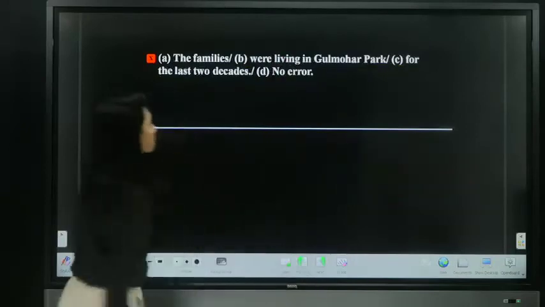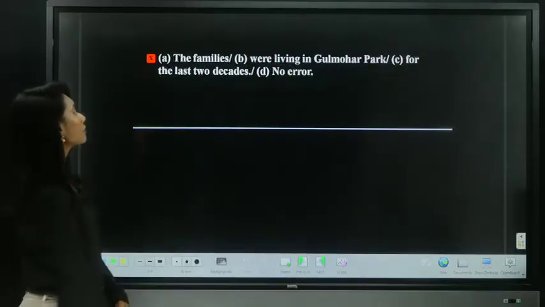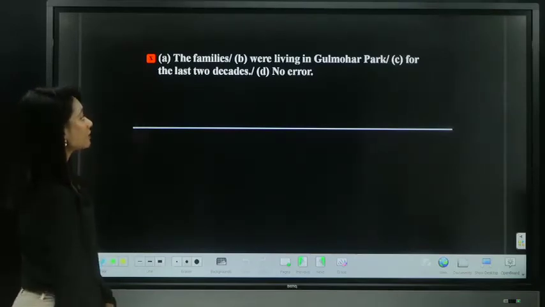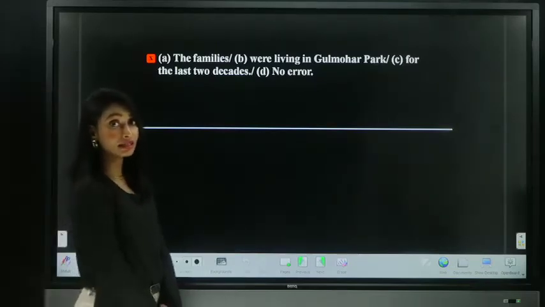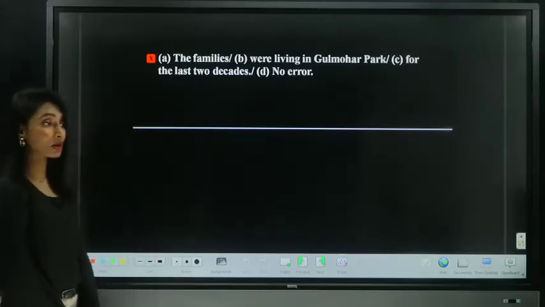Here you go. The families were living in Gulmohar Park for the last 2 decades. Quick. I'm giving you more examples for practice, and you have to remember the time indicators and answer them correctly.